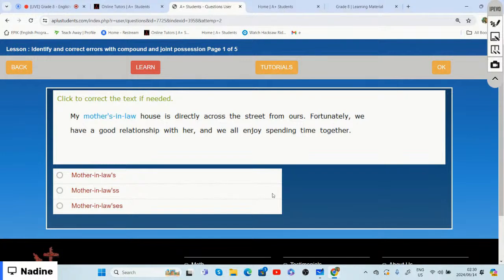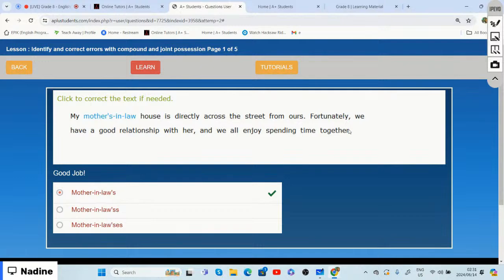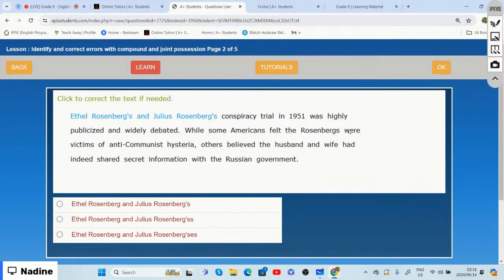All right, so we can say mother-in-laws, mothers-in-law, mothers. Then we say Ethel Rosenberg's and Julius Rosenberg's conspiracy trial in 1951 was highly publicized and widely debated, while some Americans felt the Rosenbergs were victims of anti-communist hysteria.